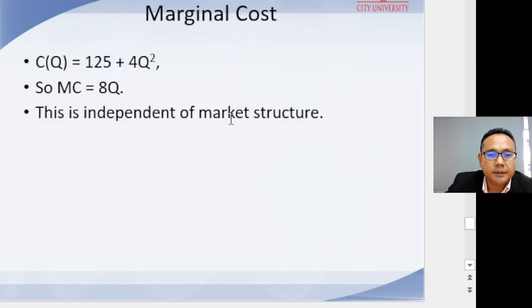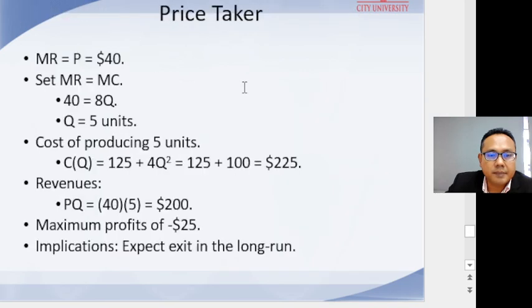For the price taker, marginal revenue equals price, which is 40. Setting marginal revenue equal to marginal cost, 40 equals 8Q, so Q equals 5 units.